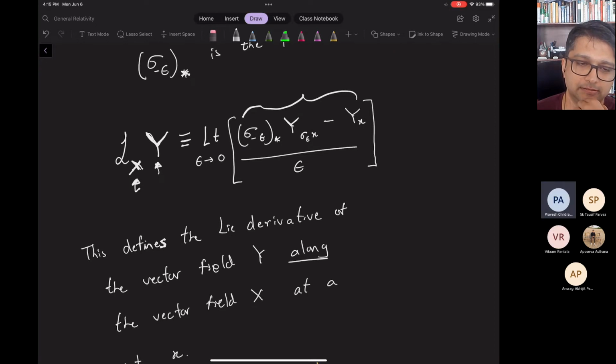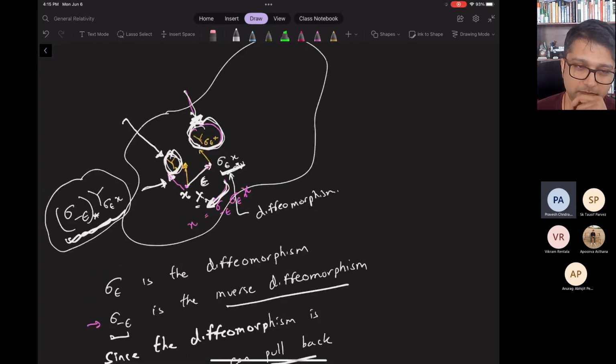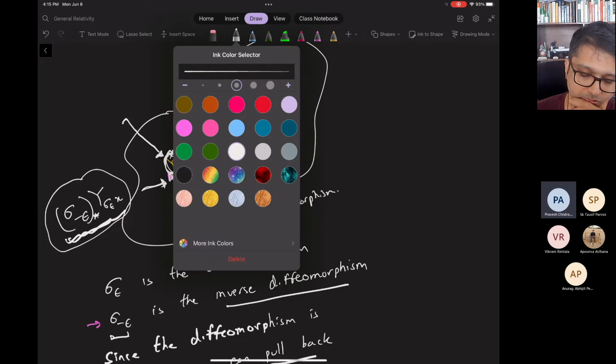Sir, can we define it in another way, keeping Y at sigma epsilon x, pushing forward to Y and comparing? Here we use the pullback operator. Instead of this, we can use Y at sigma epsilon x minus the push forward of this Y vector at that point.